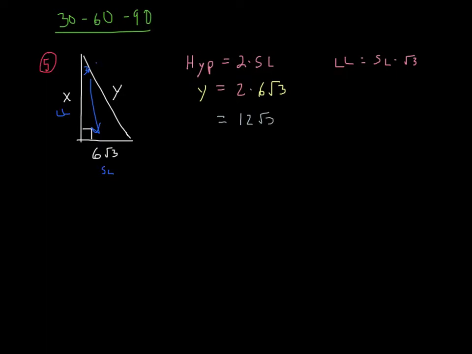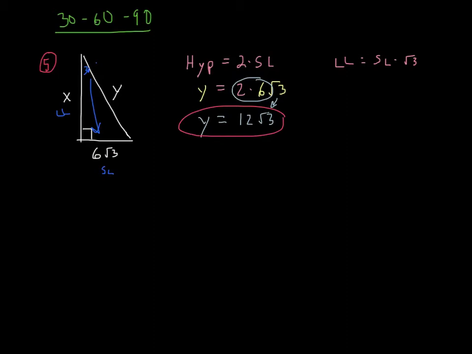The radical stays the same because I don't have anything else to multiply by. So y equals 12 radical 3. Always double check to see if you can simplify what's inside the radical. In this case, we can't. We're done.